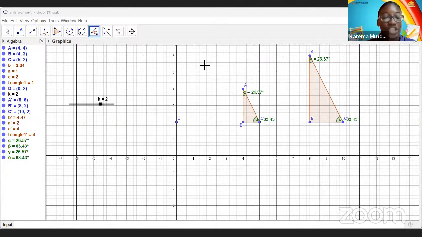The lengths are proportional to each other, but the size of the angles is the same. So here's the letter in the chat. I'm looking for an S word. Does anyone know it? So it's not congruent, but it is something. I'm not giving you cues, but you need to know these terms because you may have to use them in your exam.